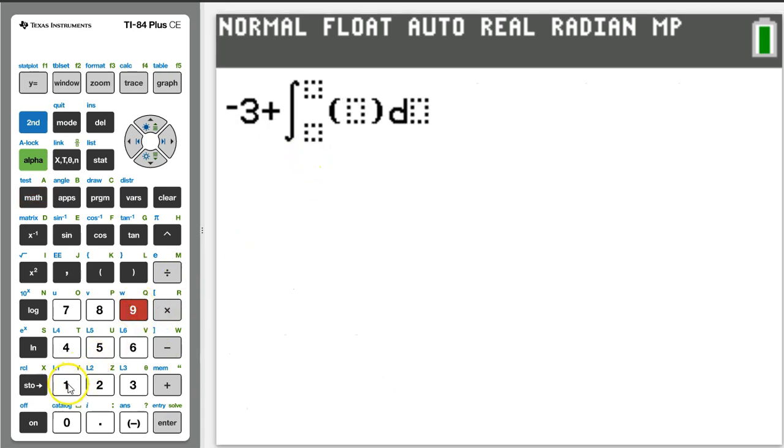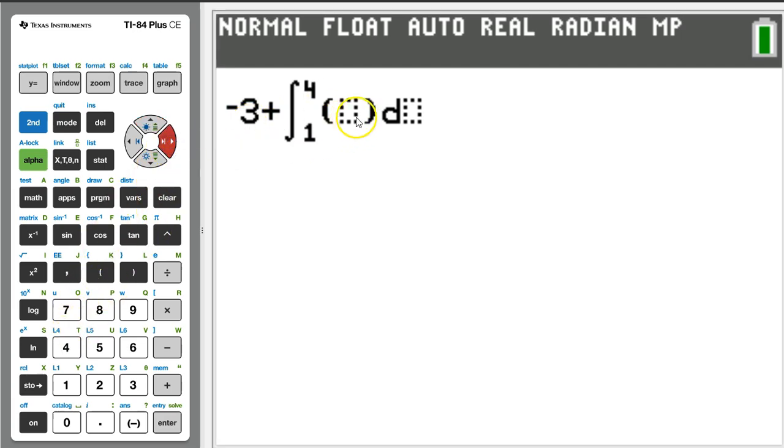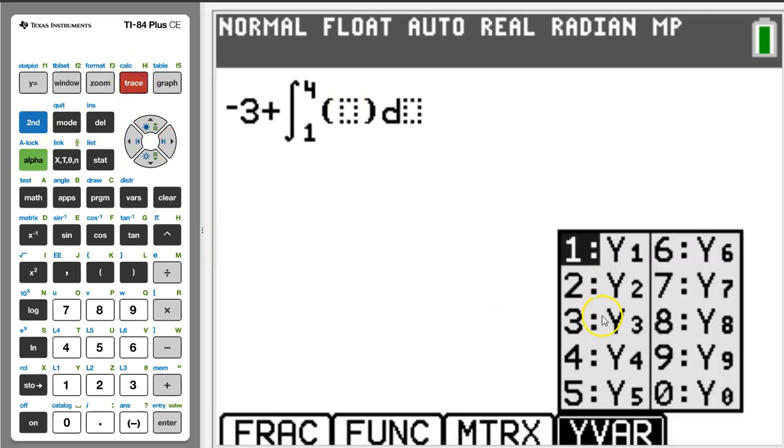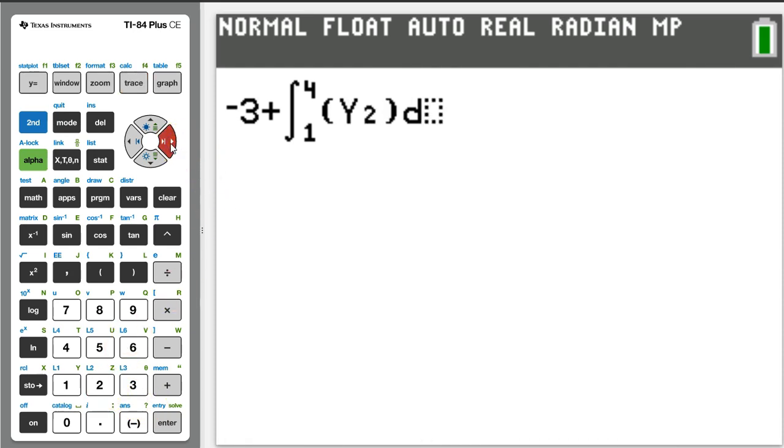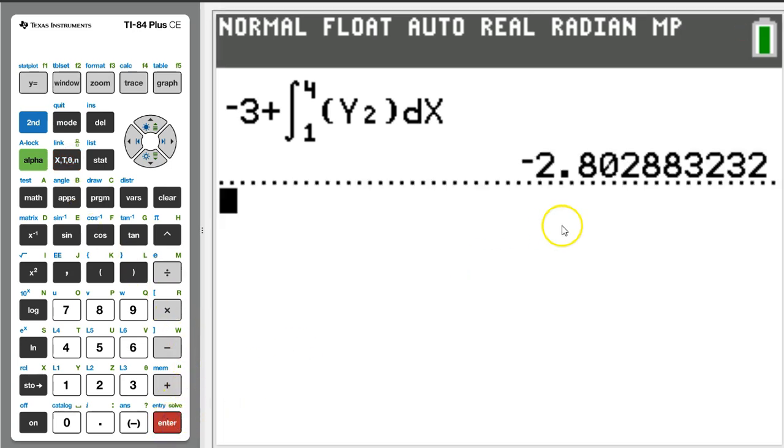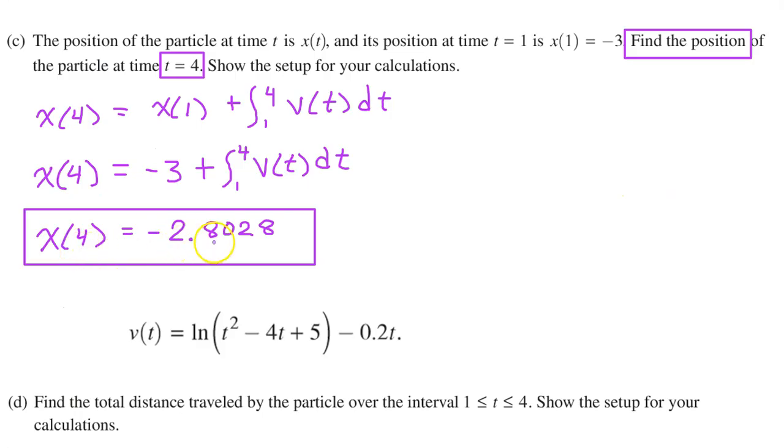We want the integral from 1 to 4 of velocity, which is y2. To make y2 show up, we hit alpha, trace, and hit 2 for y2. And just put a dx on it. And kabam! -2.8028. That's it for Part C.